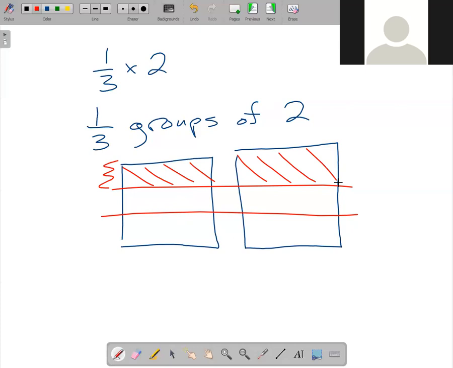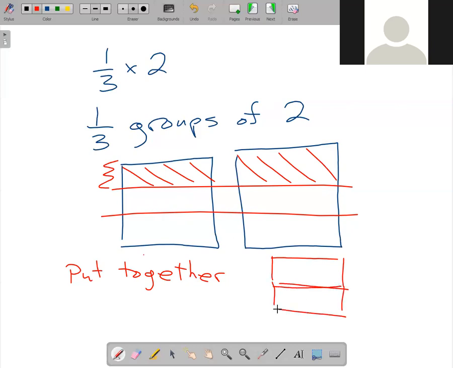Well, how would you describe that if you put it together? I have these 2 pieces. Do they make a whole? No. What part of a whole do these 2 make? Yeah. 3 pieces of that same size make a whole, so my answer must be 2/3. Oh, so we can do it. We got to be a little tricky about it. We'll do more examples of this in a minute.